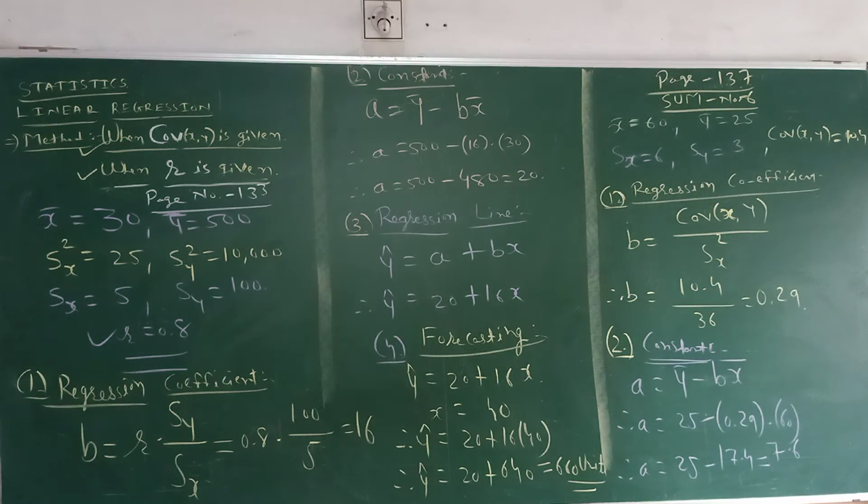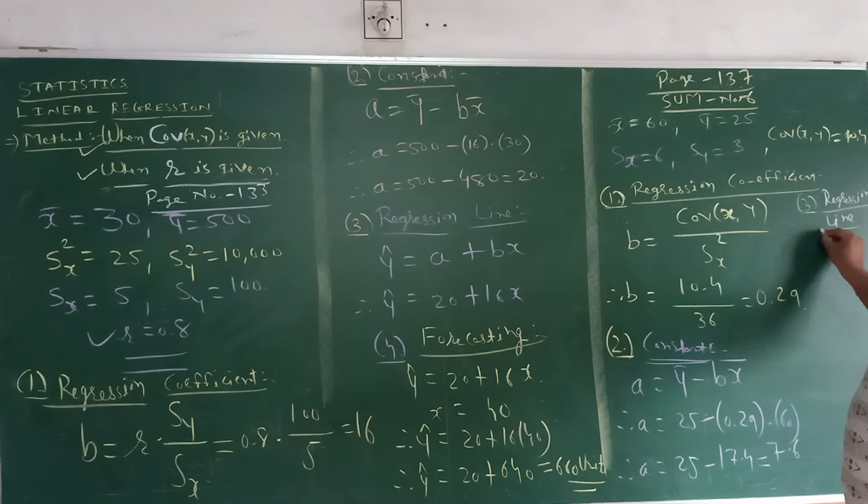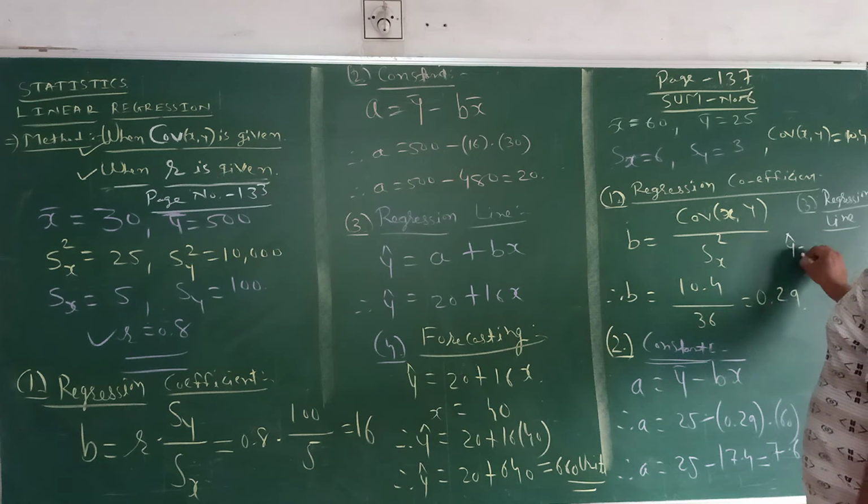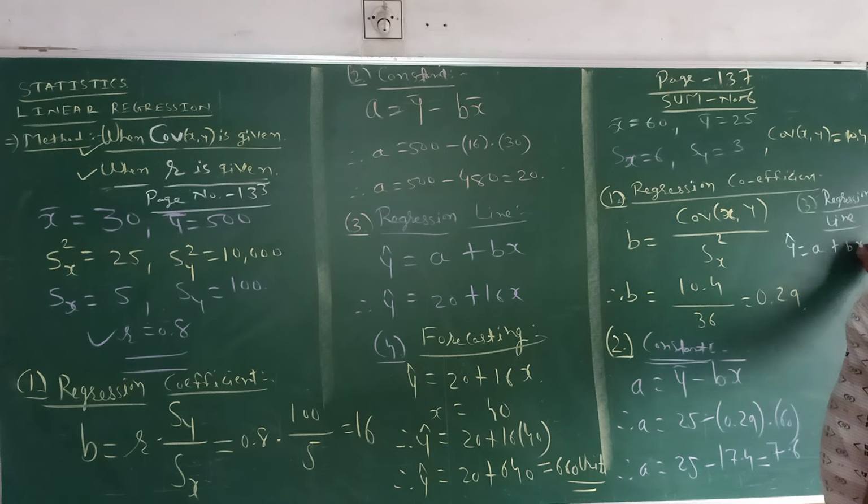Now the third step is the regression line. If they ask for forecasting, then we have to do the fourth step. Here I do the third step, regression line. Y cap is equal to A plus bx. We put the values.